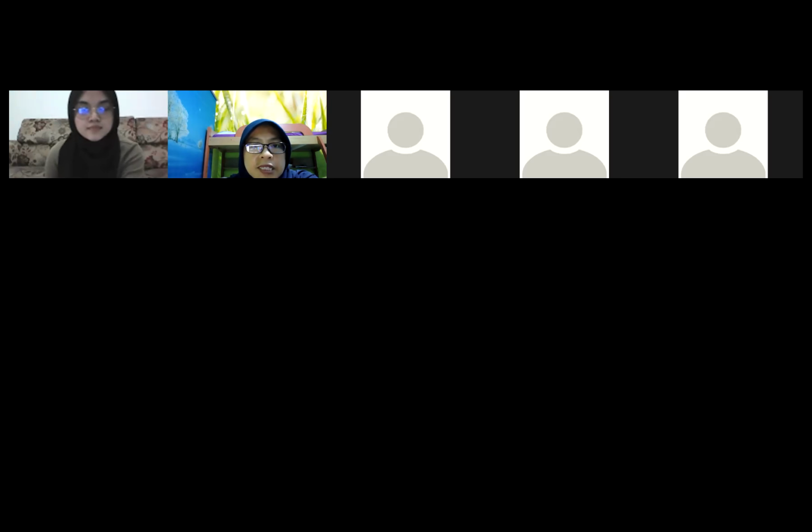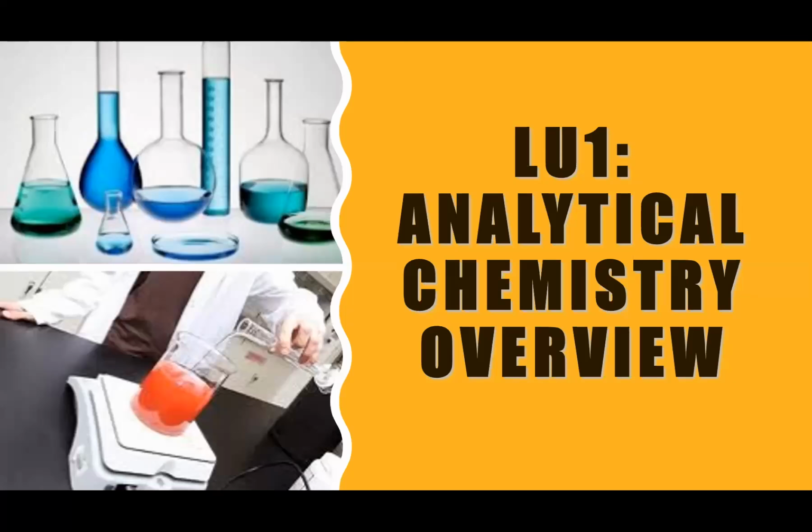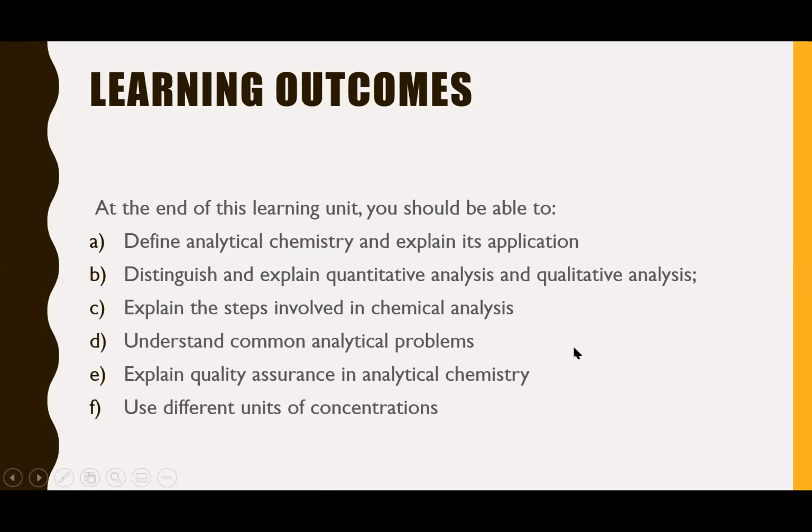Let me share once again the slides from just now. Alright, let's start with LU1, which is Analytical Chemistry Overview. At the end of this learning unit, you should be able to define what is meant by analytical chemistry, and explain the application of analytical chemistry.